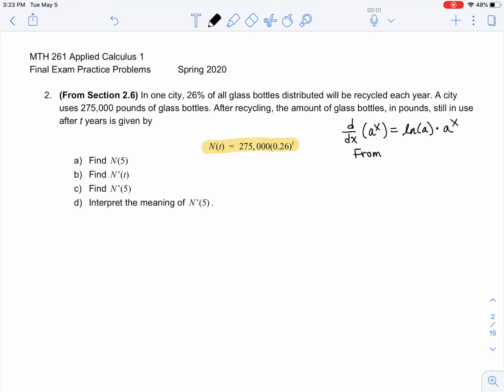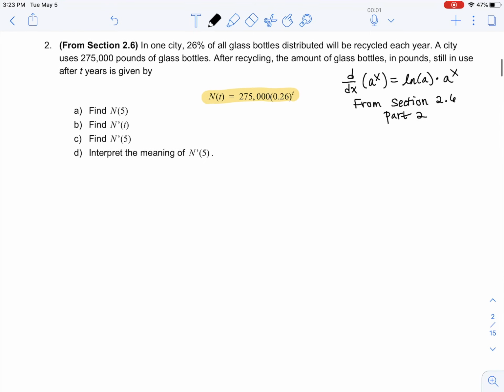So this is from section 2.6, part 2. And this was actually the very first lesson that we did since we went remote instruction, right after spring break. So it's been a while, but do remember we learned about how to find the derivative of an exponential function that had a base other than e.